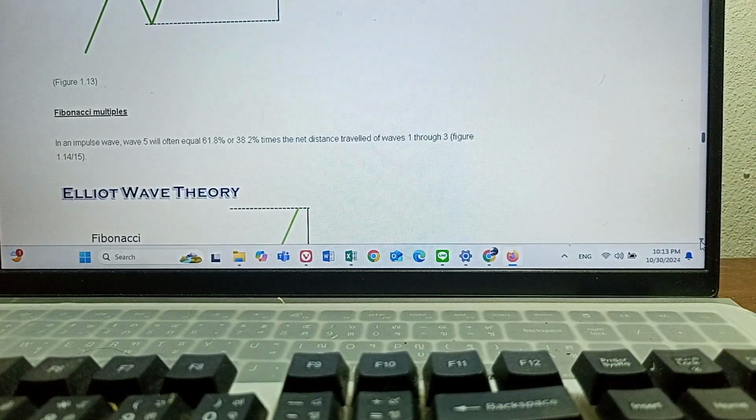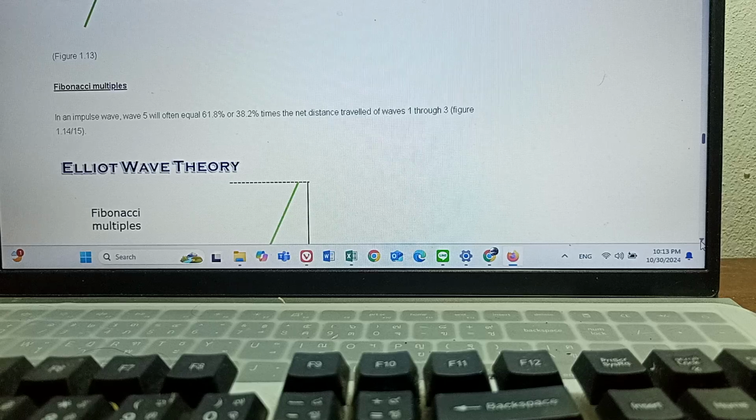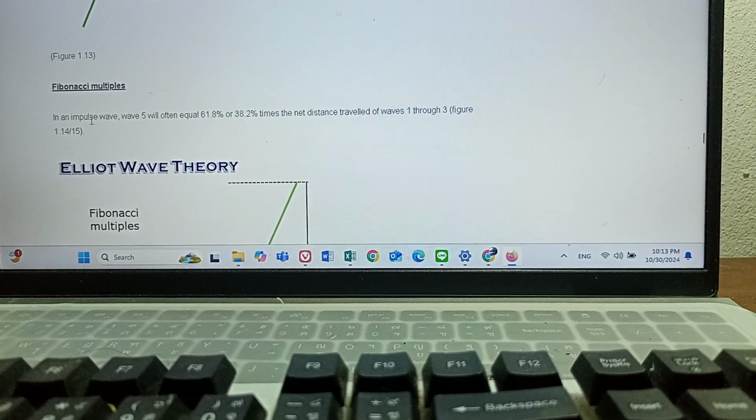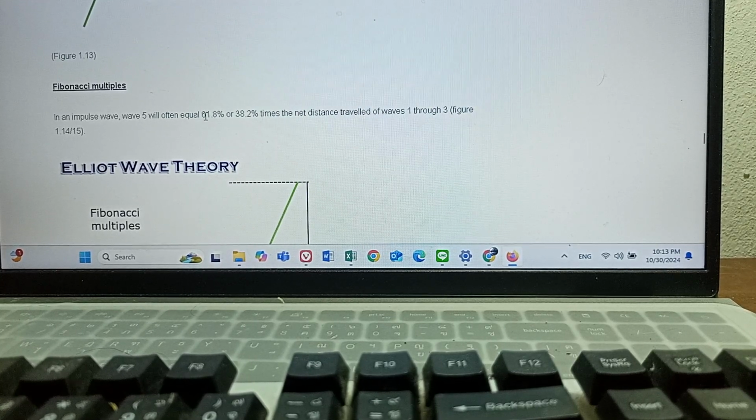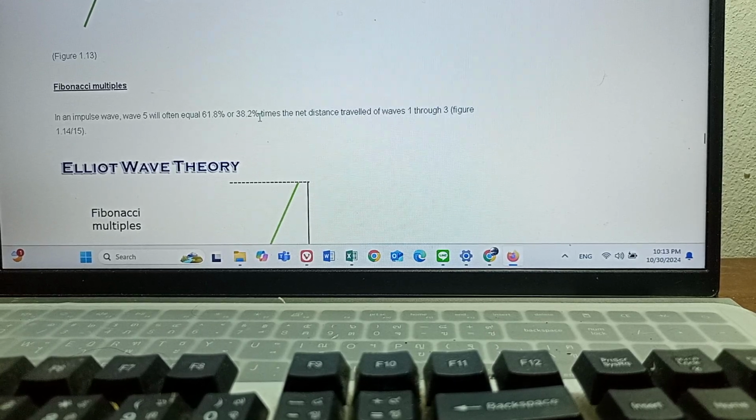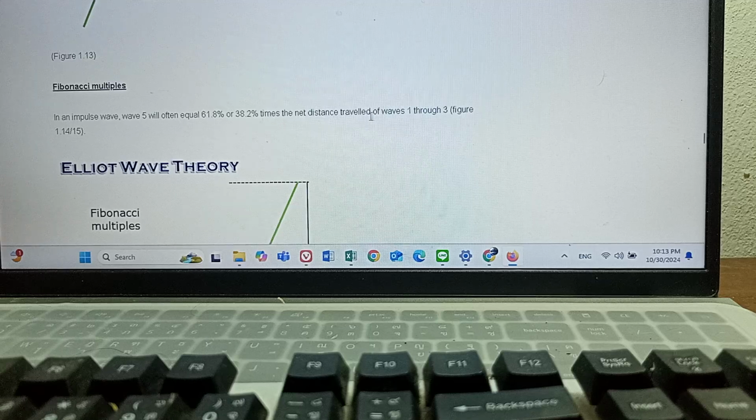Fibonacci multiples. In an impulse wave, wave 5 will often equal 61.8 or 38.2 times the net resistance travel of wave 1 through 3.